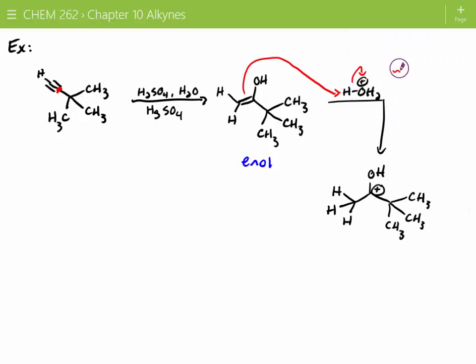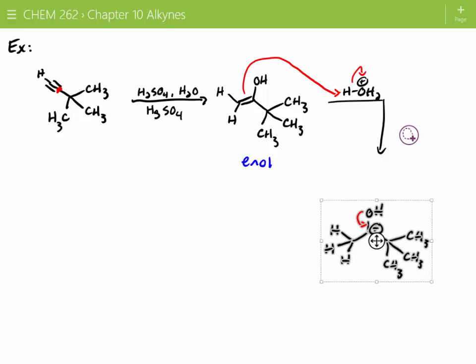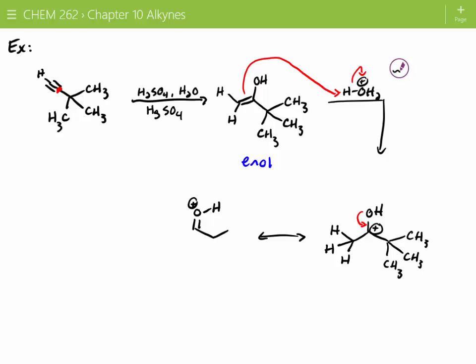So the next step is going to be these lone pairs dumping down. Let me slide this down a little bit too. And when we do this, we now get our new resonance form, where this oxygen is now positive. We've got this tert-butyl group coming off of one end. And we've got all 3 hydrogens on the other end.